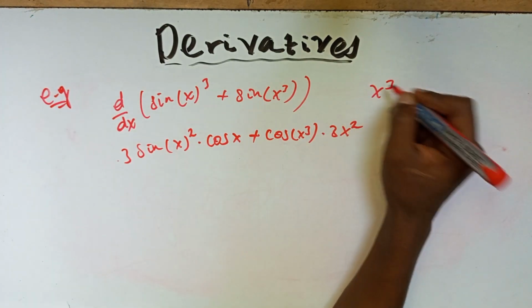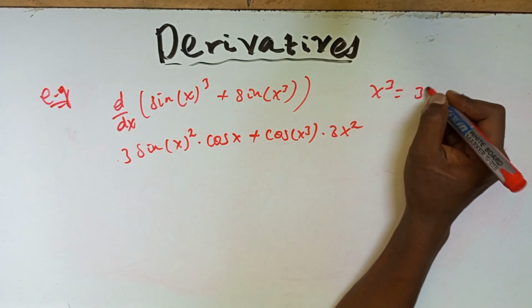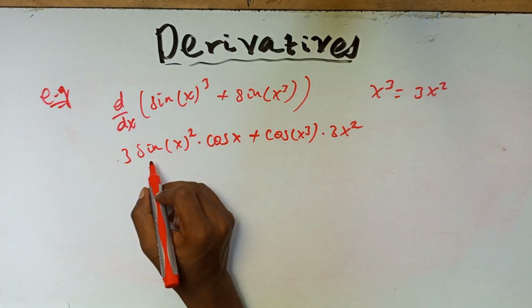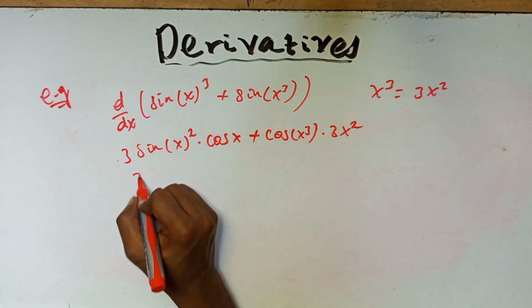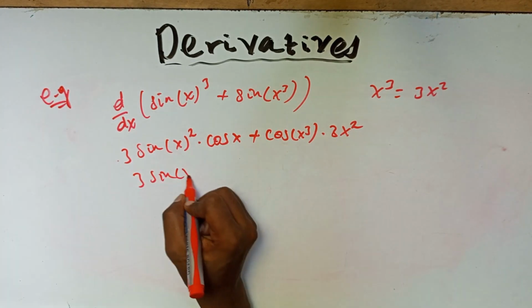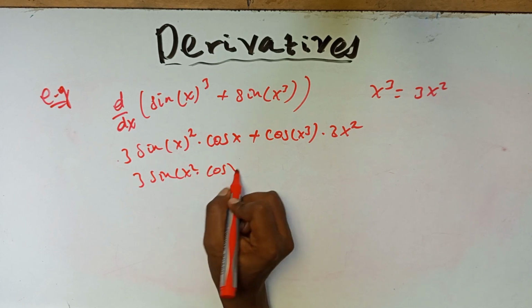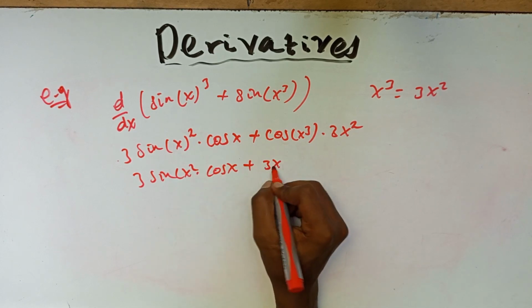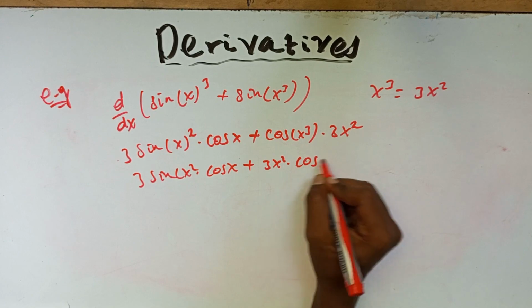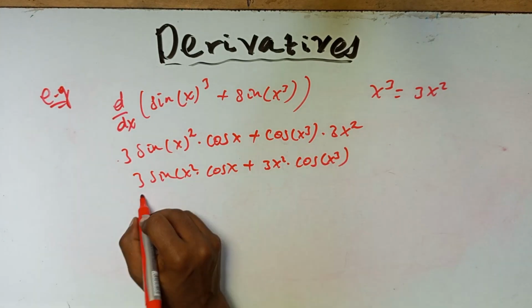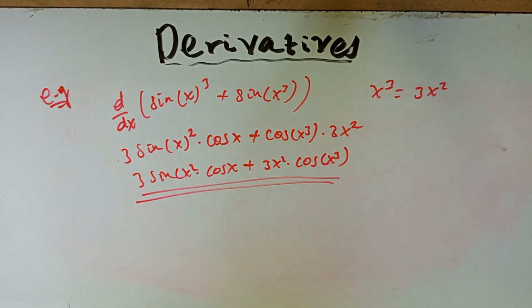The derivative of x cubed equals 3x square. So what we are left with is 3 sine x square times cos x plus 3x square times cos of x cubed, which is the final answer of this question.